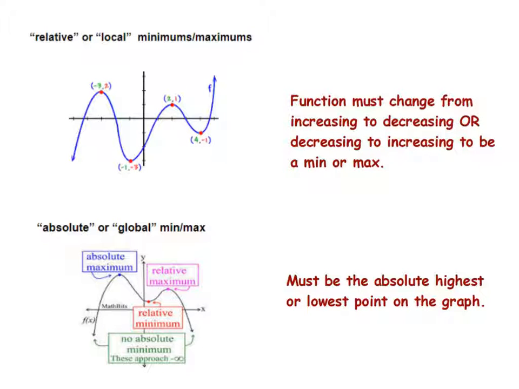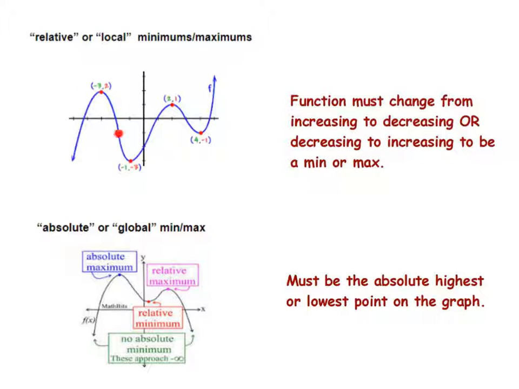Now we have the term relative or local. Your textbook uses the word local, but relative is just as familiar or used. So, relative or local minimums and maximums. Looking at the graph, this would be where the function changes from increasing to decreasing, so that would be a relative maximum.